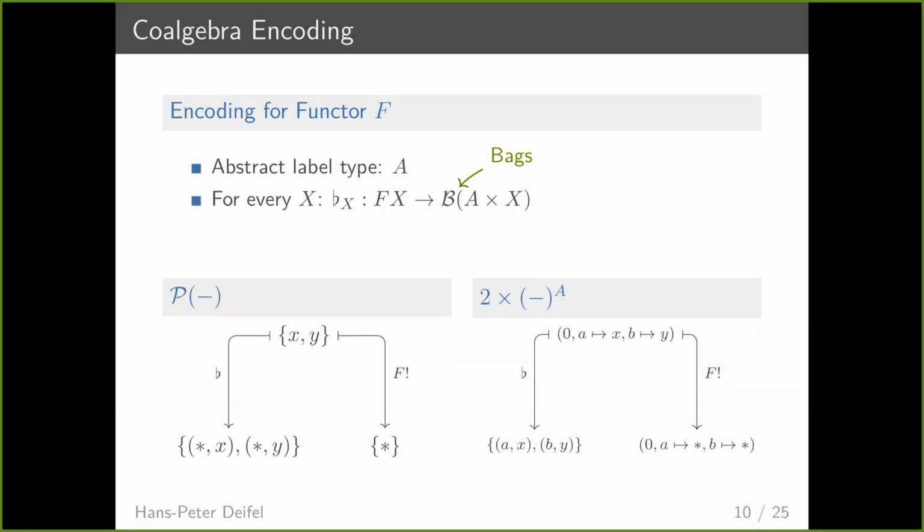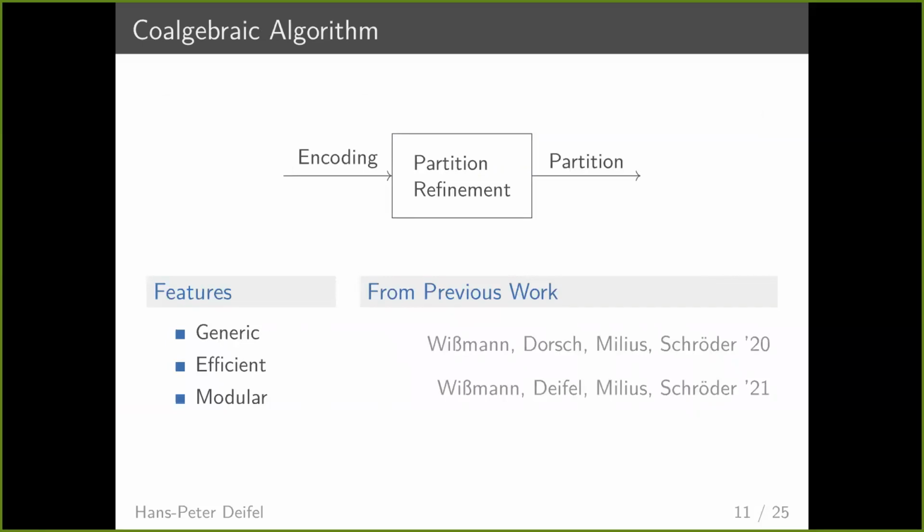And now this encoding is already very useful, and we have used it in a previous algorithm. It works like this: it takes the encoding of a coalgebra, does a partition refinement step on it, and then outputs a partition on the state space such that behaviorally equivalent states are identified in the partition. As mentioned, this is previous work. The features of this algorithm are that it's very generic. It works on a coalgebraic level and requires very little system-specific code.